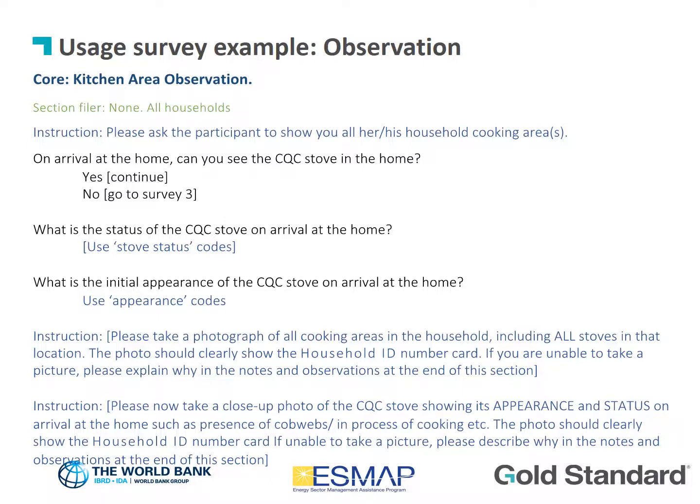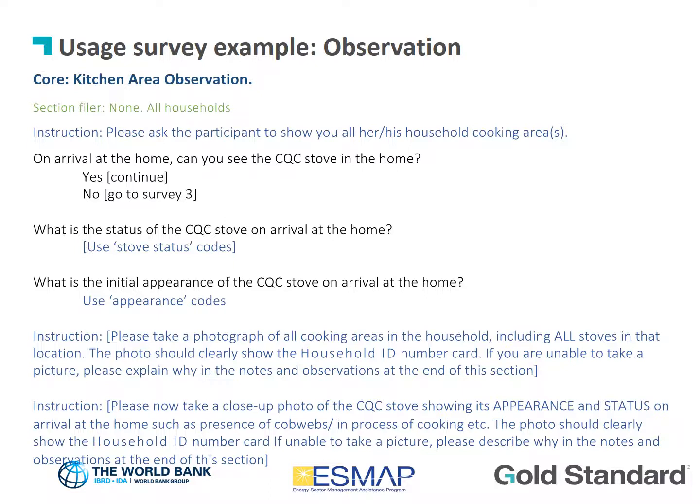So, one of the three-dimensional aspects of assessing stove use through a survey is observation. And this slide gives us an example of how a field team member would assess stove use while in a home.